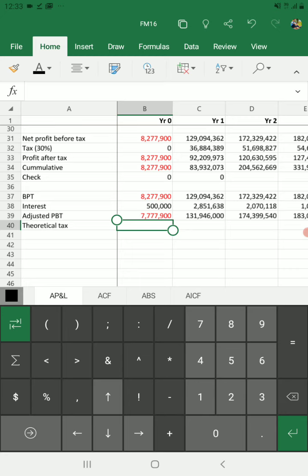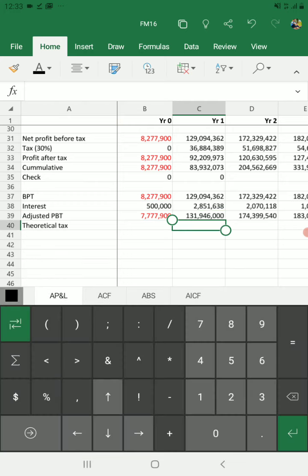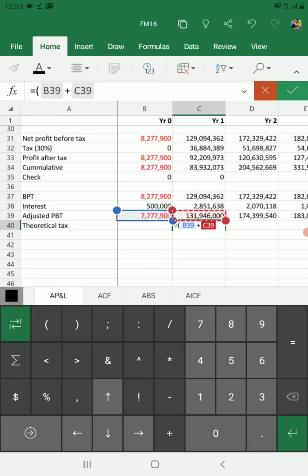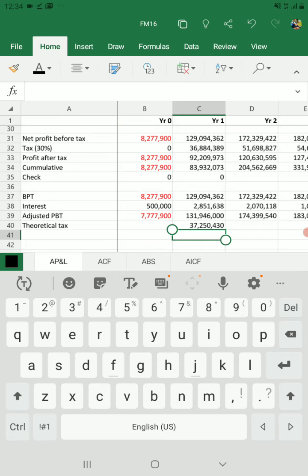In year 1, for the adjusted figure, we need first to deduct the cumulative loss before we compute the tax figure on this adjusted tax figure of 131 million. So the formula for year 1 will be, we start with equal sign and then open bracket, take this figure plus this one, close the bracket, and then multiply by 30%. Press enter. So that is the tax component for year 1.